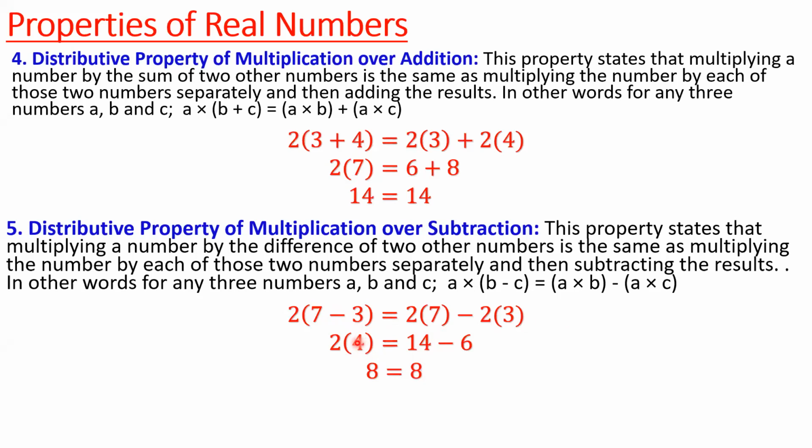You subtracted the 7 and the 3 in the first bracket, which gave you 4. So then it's 2 times 4. And then you distributed: 2 times 7 is 14, and 2 times 3 is 6. That gave you 14 minus 6. And then 2 times 4 is 8, and 14 minus 6 is also 8. So explain, what is this showing? What does this mean?